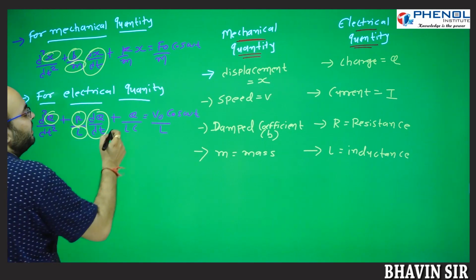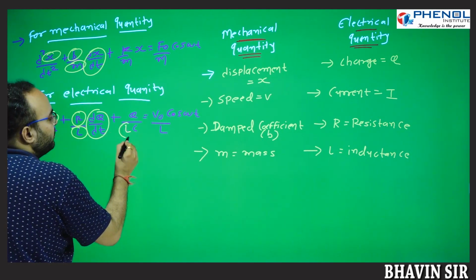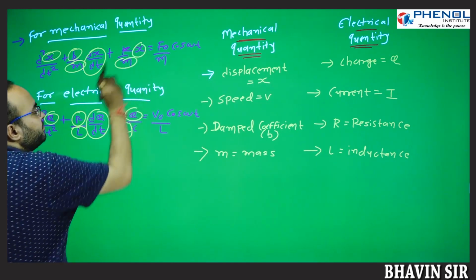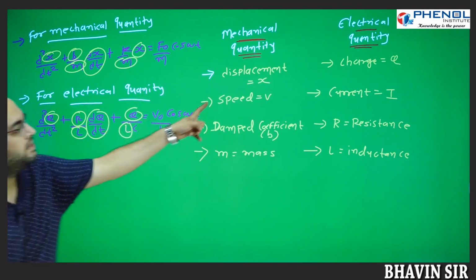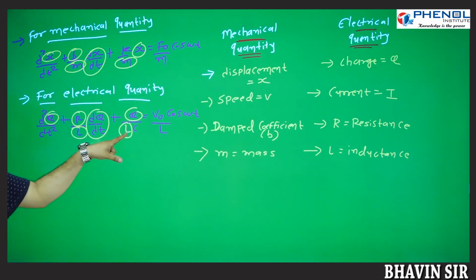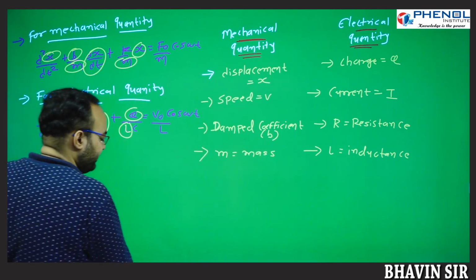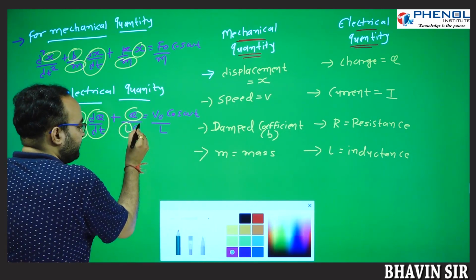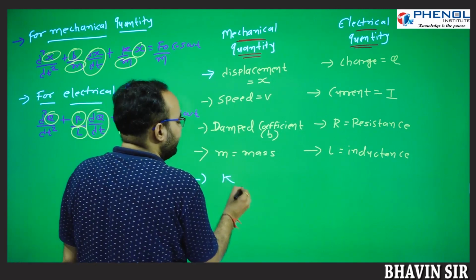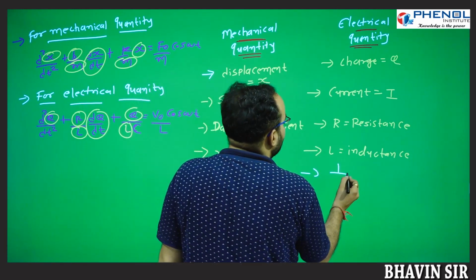See, m belongs to L, x then q, x q m L. So here k is left and here 1 by C is left.